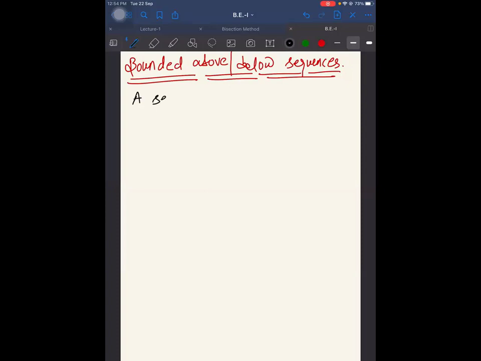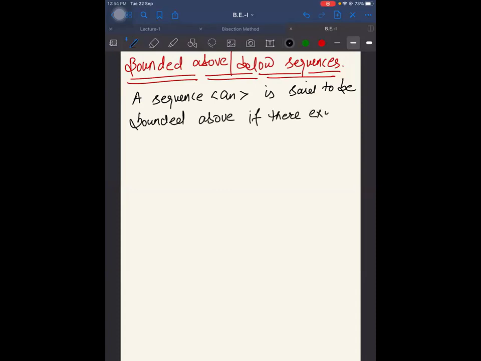A sequence a_n is said to be bounded above if there exists a real number M belonging to the reals such that a_n is less than M for all n belonging to the naturals.